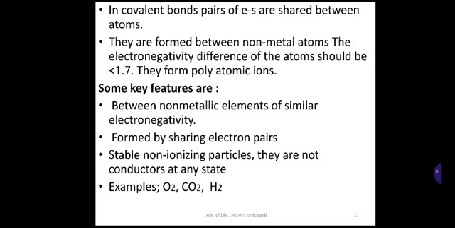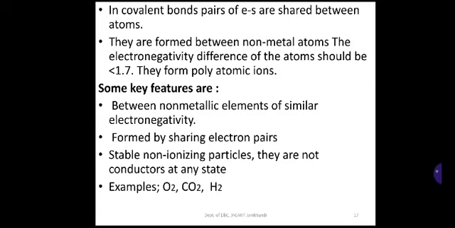So the key features are listed here. In a covalent bond, pairs of electrons are shared between the atoms. An atom that shares electrons, that's why it is called a covalent bond. They are formed between non-metal atoms. The electronegativity difference of the atoms should be less than 1.7.